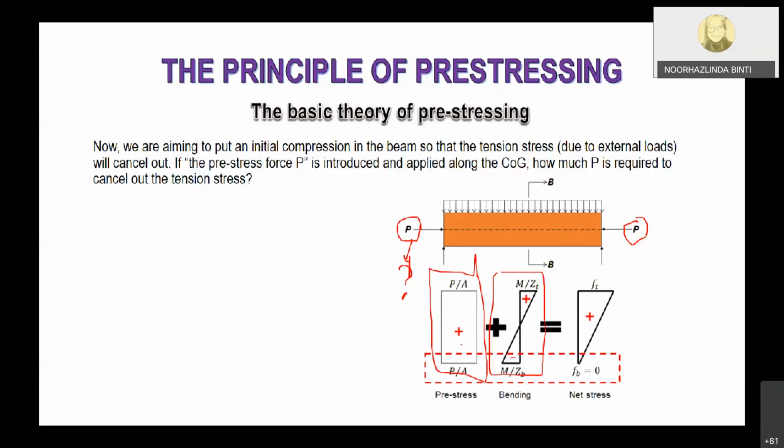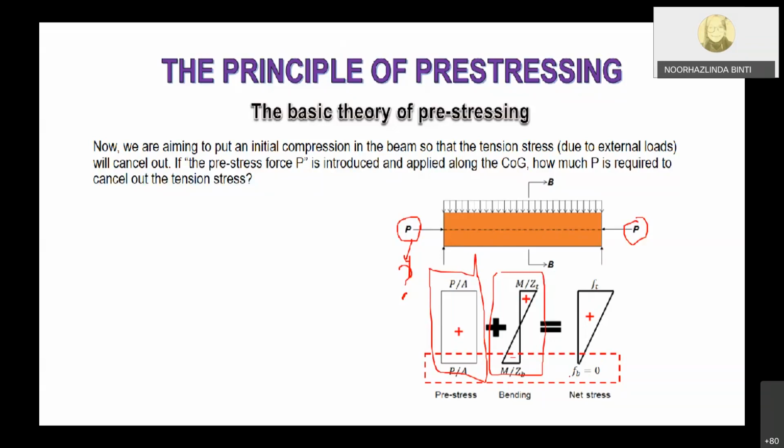So we want to make sure that the bottom part here, the final result will be zero stress. Or maybe you want to have a certain very positive number, that also can, as long as it is not in tension. So the bottom stress here, FB, B is bottom and T is the top.